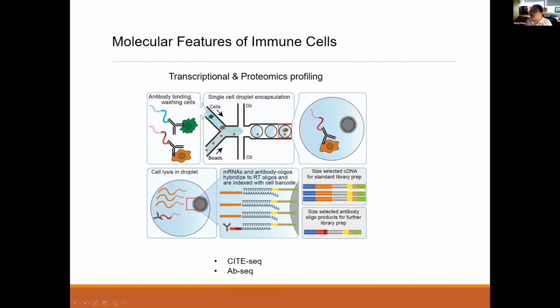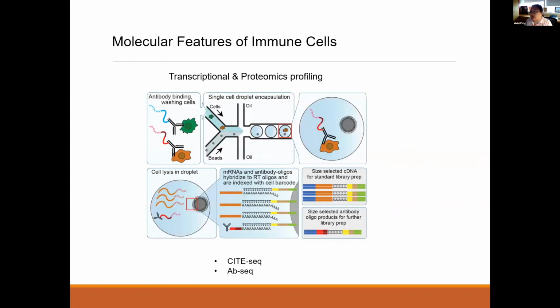With these technologies, we can determine both protein expression and mRNA expression at the same time. Currently there are platforms such as CITE-seq and ASAP-seq. All of this is checking the molecular features of the immune cells.